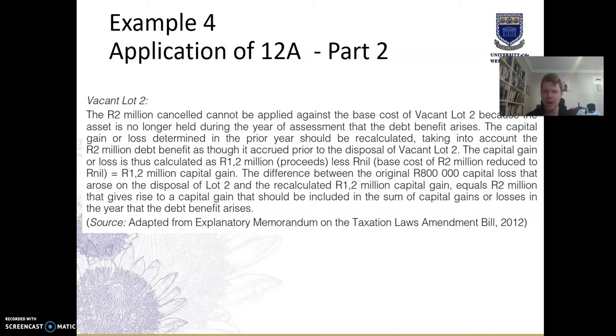Now we rework it out and we work out we have a gain. So the difference between the original loss of 800,000 and the new capital gain of 1.2 million is actually 2 million. I hope you can see that we're going from minus 800 to plus 1.2. The difference is 2 million gain, and that we recognize in the current year.